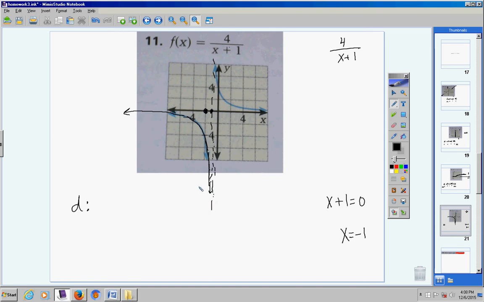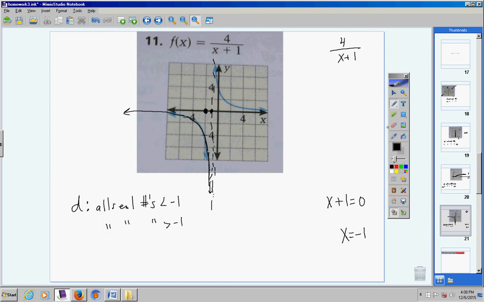So, the domain is all real numbers less than negative 1, okay? And then it's also all real numbers greater than negative 1.